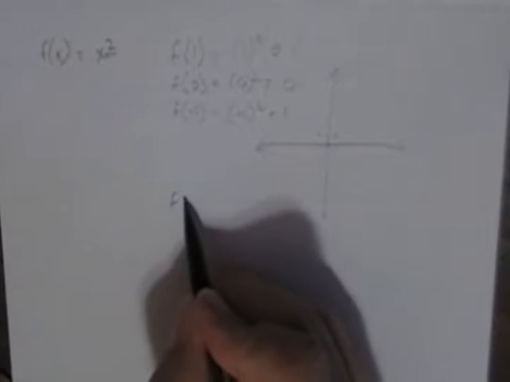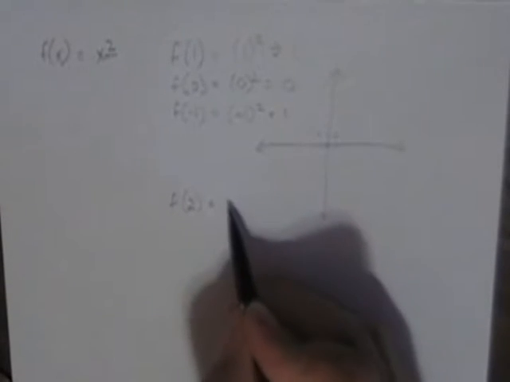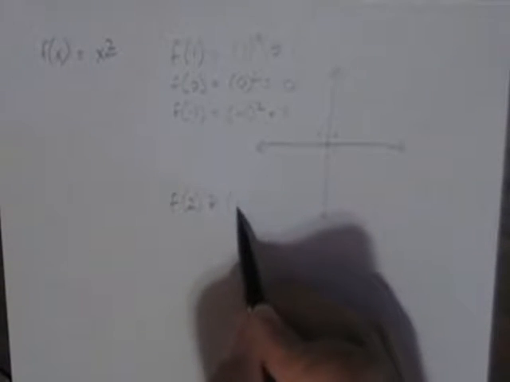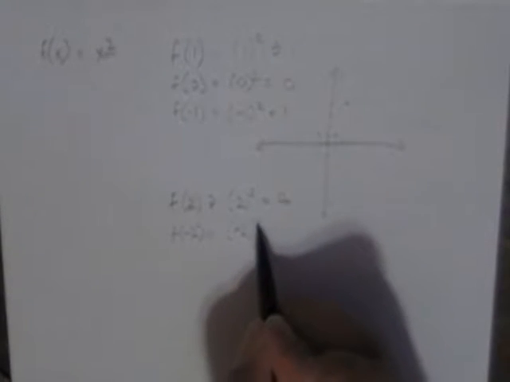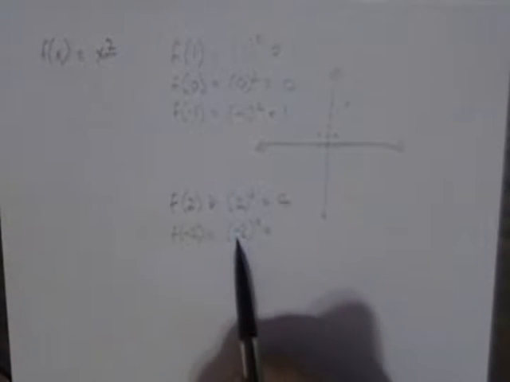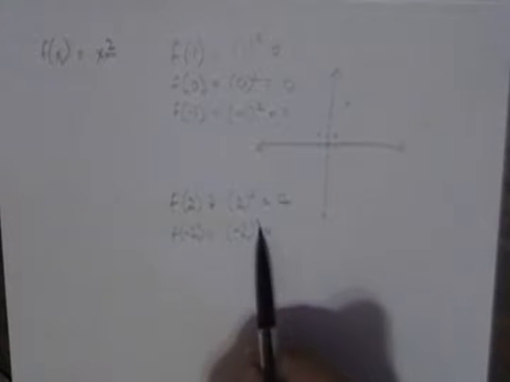Let's say I took f of 2. That says 2 squared, which gives me a y value of 4. So 1, 2, 3, 4. That's going to be here. If I said f of negative 2, that's negative 2 squared, and a negative times a negative is still going to be positive.